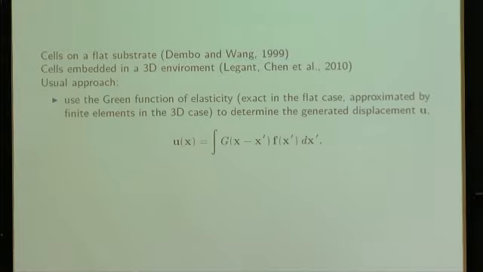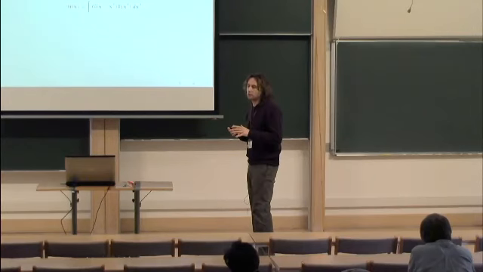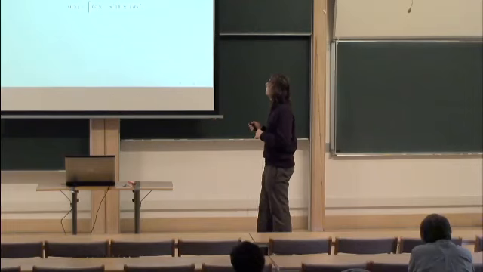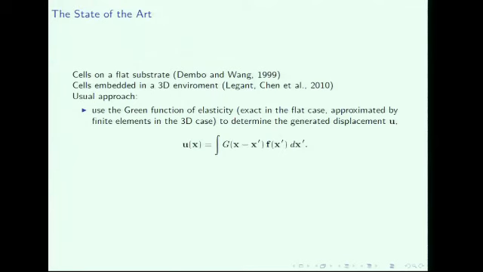Their approach includes the use of the Green function of elasticity, which can be found exactly in books in the flat case, and it should be approximated by finite elements in the full three-dimensional case with an expensive algorithm.